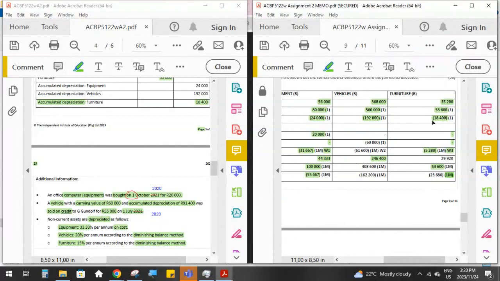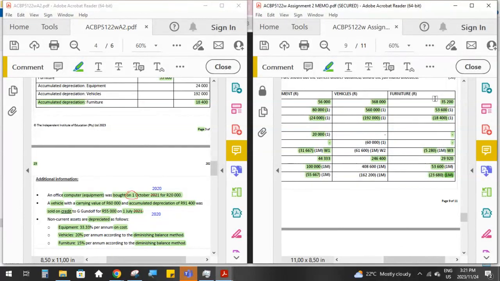Accumulated depreciation 18,400 plus 5,280, my ACDEP is now increased to 23,680. So my carrying value is now 53,600 minus the new ACDEP of 23,680, which is 29,920.